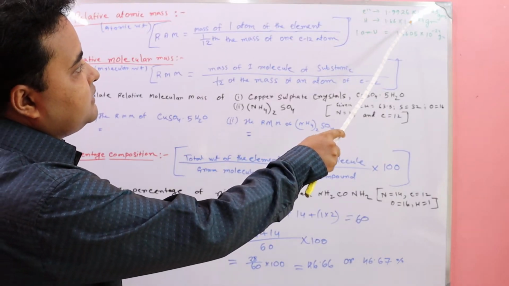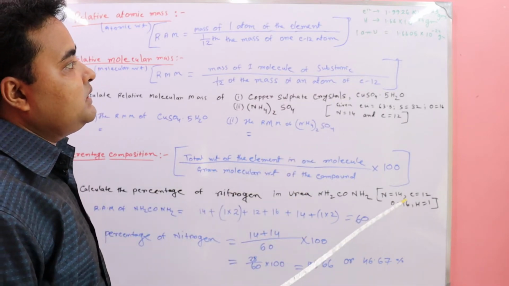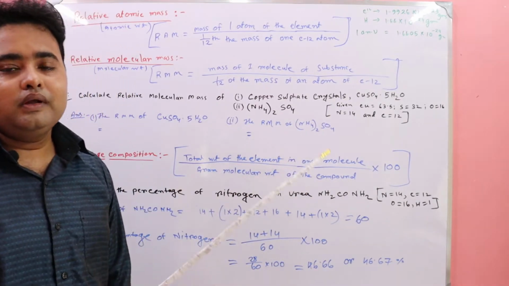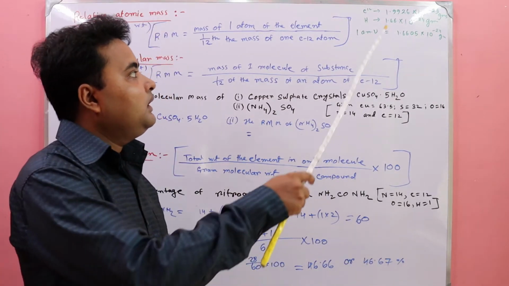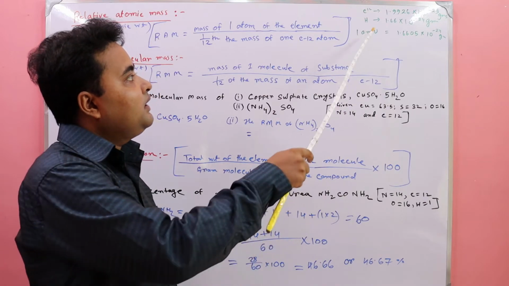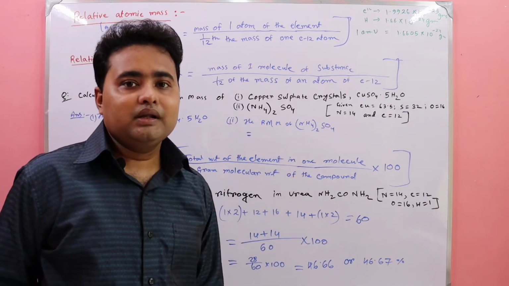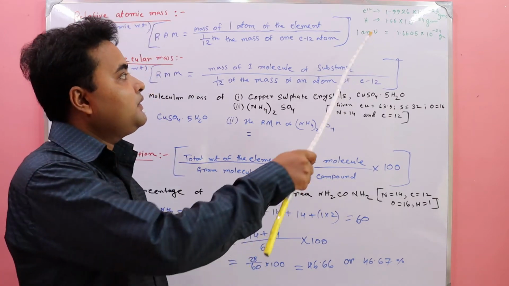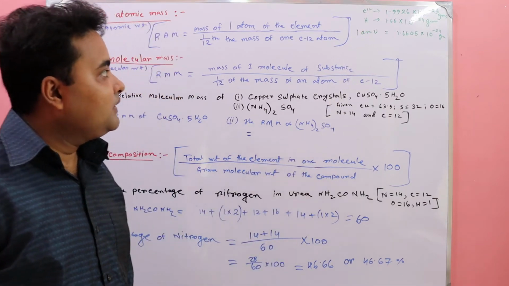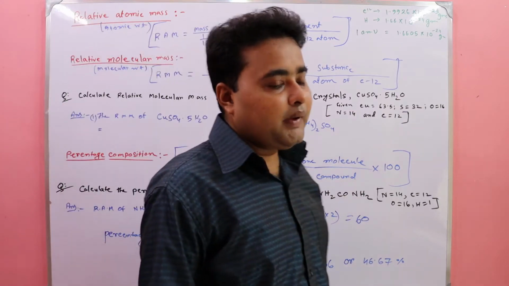The mass of the C12 atom is 1.9926 into 10 to the power minus 23. When we divide this mass by 12, we find 1.66 into 10 to the power minus 24, which is the atomic mass of hydrogen.